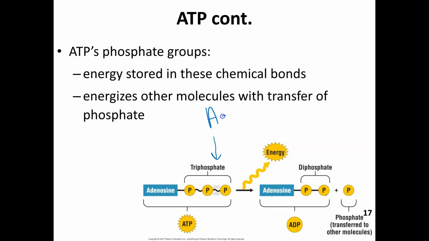So we move from A, P, P, P to A, P, P plus a phosphate, okay? And this phosphate then is going to potentially bond to something and just stay there. So adenosine diphosphate is a low energy molecule. If we add that phosphate back, we produce another ATP.